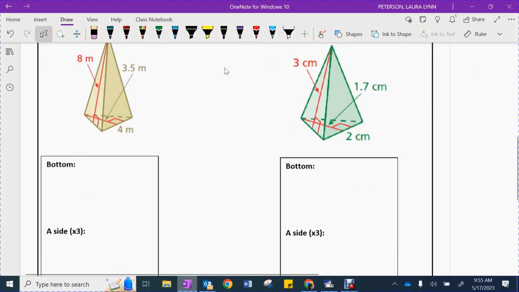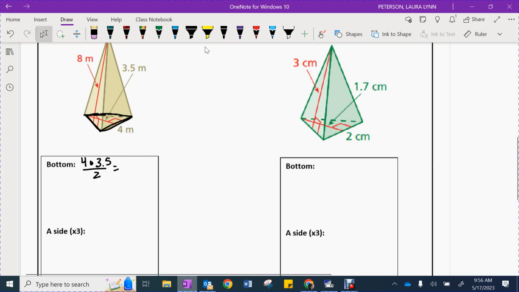So let's do our bottom. I'm going to outline the bottom. This is our bottom. Our bottom goes base 4 times height. That's what this arrow is pointing to, 3.5 divided by 2 equals.